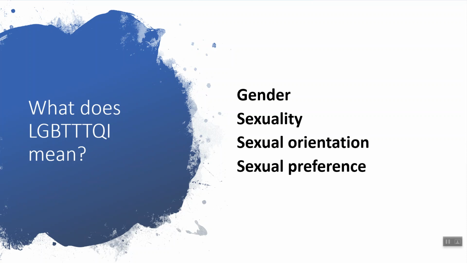And then it's important to mention the difference between sexual orientation and sexual preference. Lesbian, gay, and bisexual, for example, are sexual orientations. So that affective and sexual attraction that a lesbian woman has for another woman is her sexual orientation. Sexual preference is something different.